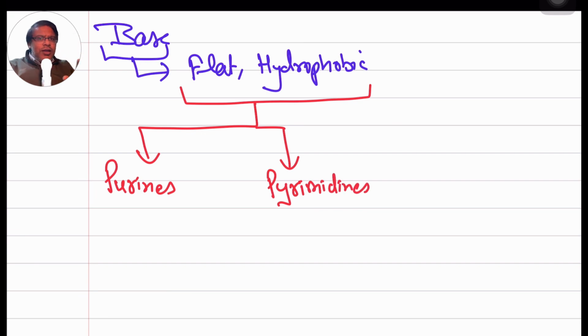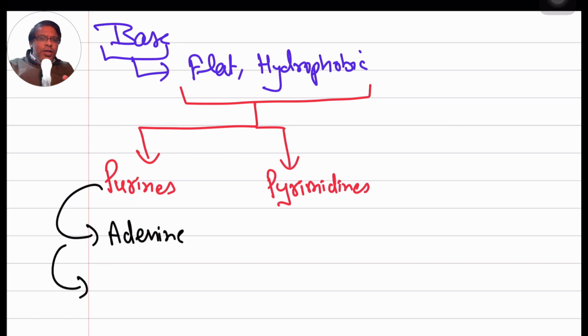Now focus here on the bases. In the case of DNA, you are going to have two kinds of bases. One is purines, another is pyrimidines. Purines generally found are adenine and guanine, okay, as the purines.